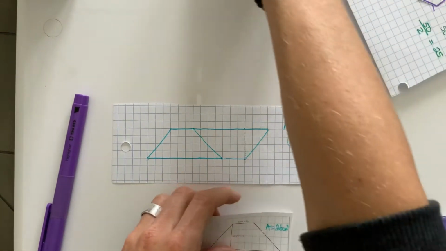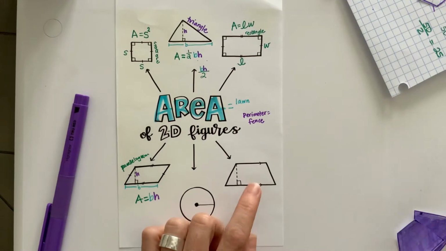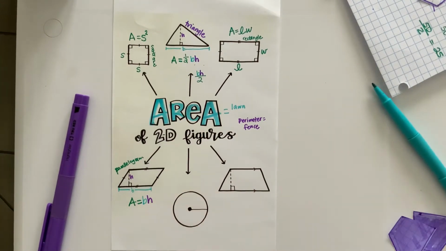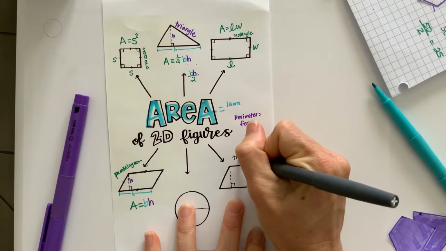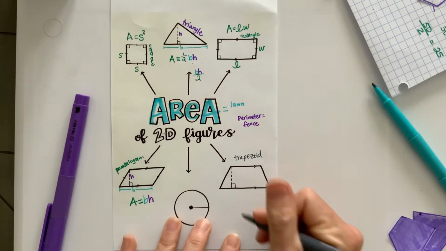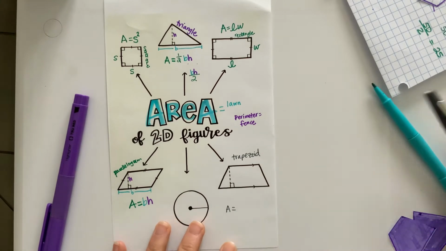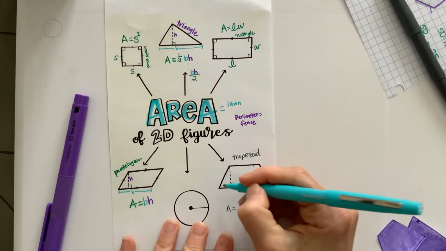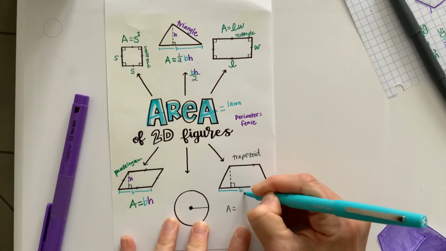So pull out your guided notes, and we're going to go ahead and fill in that formula. Okay, so let's go ahead and label it trapezoid. So area equals, so let's go ahead and label this. We know that this side over here, we're going to call this base 1.